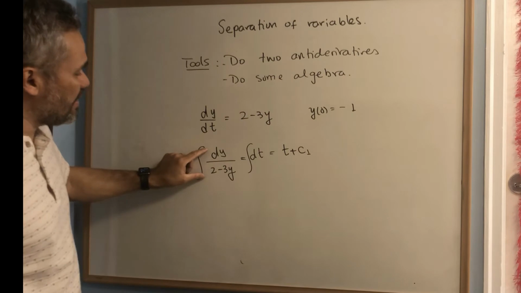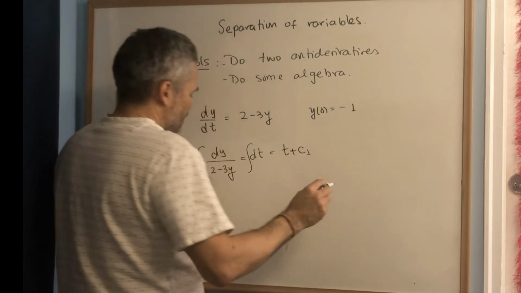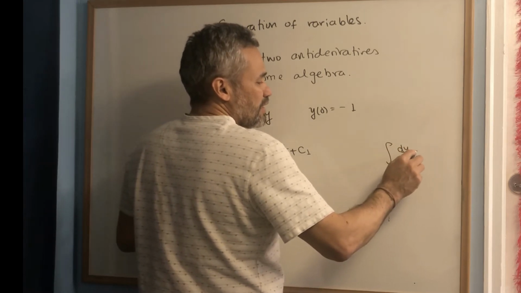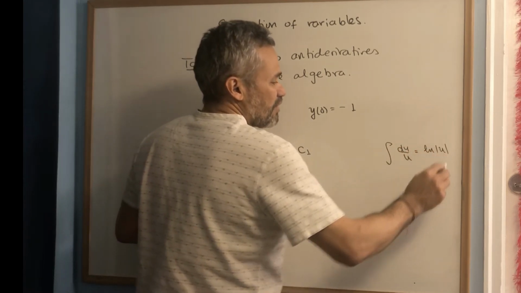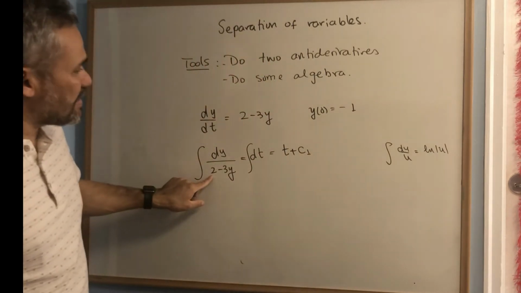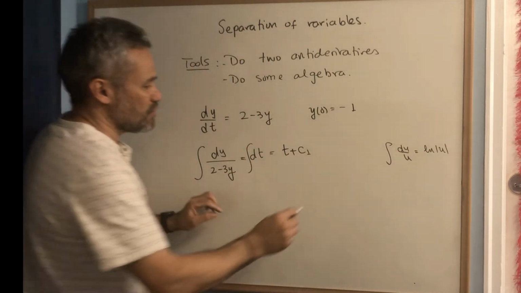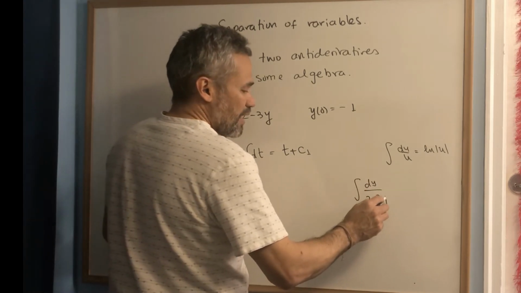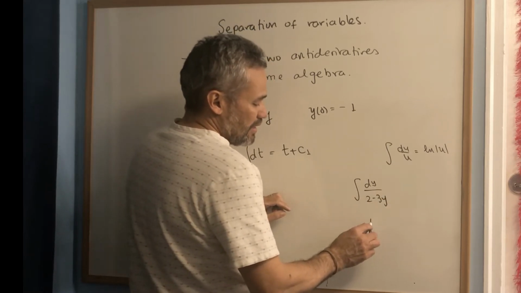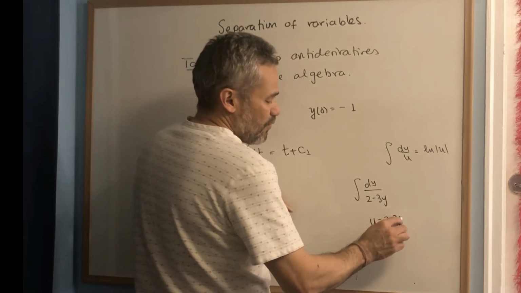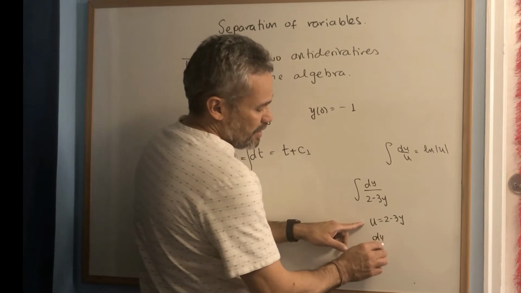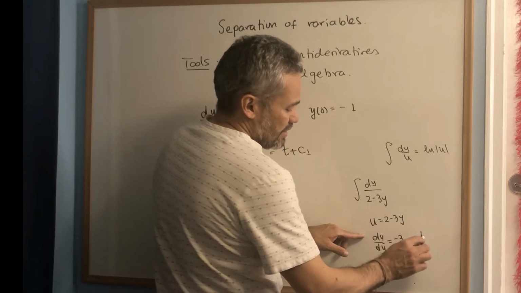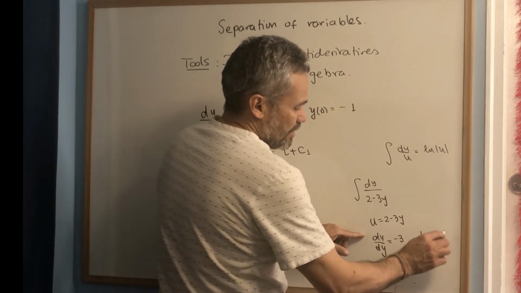And for this antiderivative, I'm going to do substitution. I'm going to remind you that the integral of du over u is the natural log of the absolute value of u. But this doesn't look like that, so I can do a substitution. If we want to do this integral of dy over (2 minus 3y), I can do u equal 2 minus 3y. Then what is du/dy? It is negative 3. That means that du is negative 3 dy.